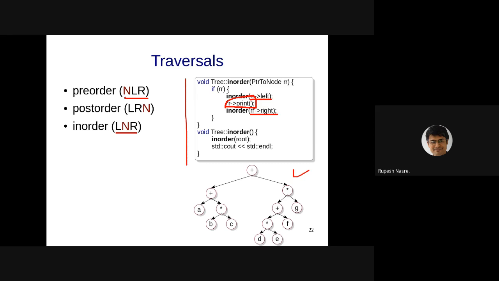So we have two questions. One is, what is the output of this in-order traversal, that is, the code that is given, on the example tree that we have. The second question is Shania's question, that if we have to do iterative in-order traversal, how do we do that?